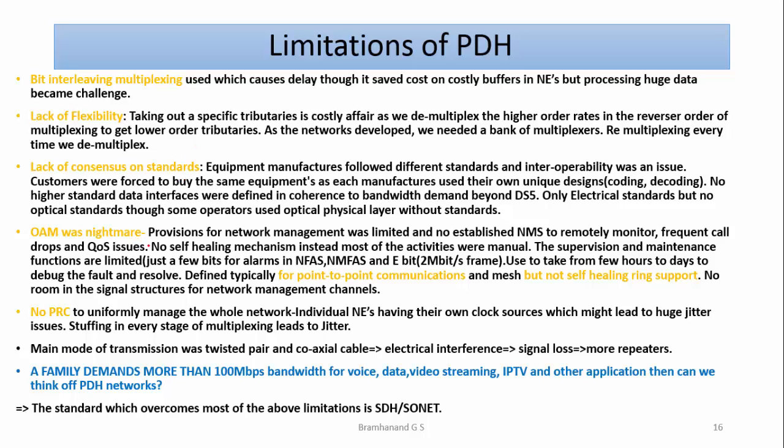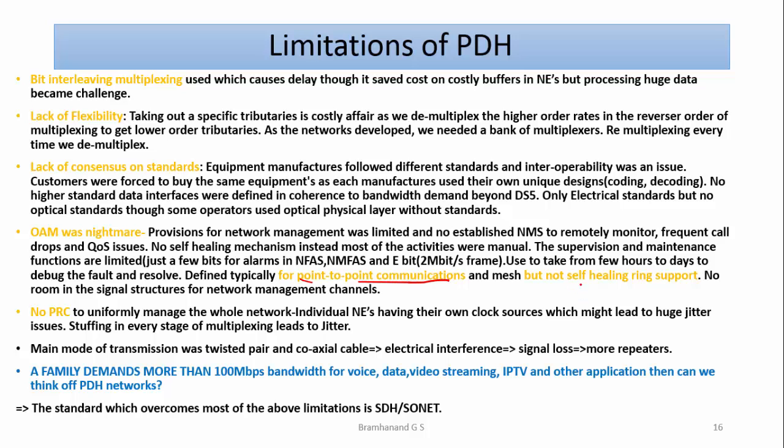OAM was really a nightmare because only a limited number of bits were used as part of the frame structure, which we have seen, and resolving the issues, frequent call drops, and quality of service issues were humongous in PDH networks. And these networks were basically used for point-to-point communication, and not for ring architecture.